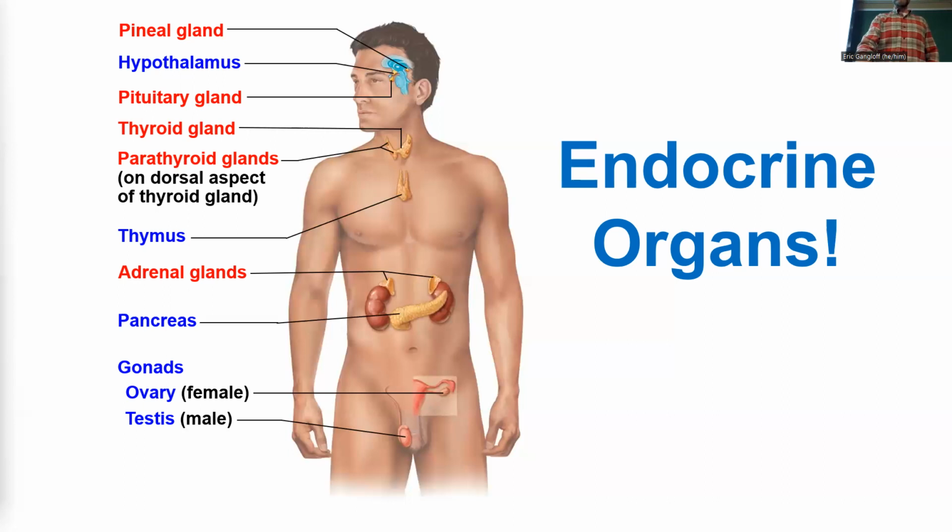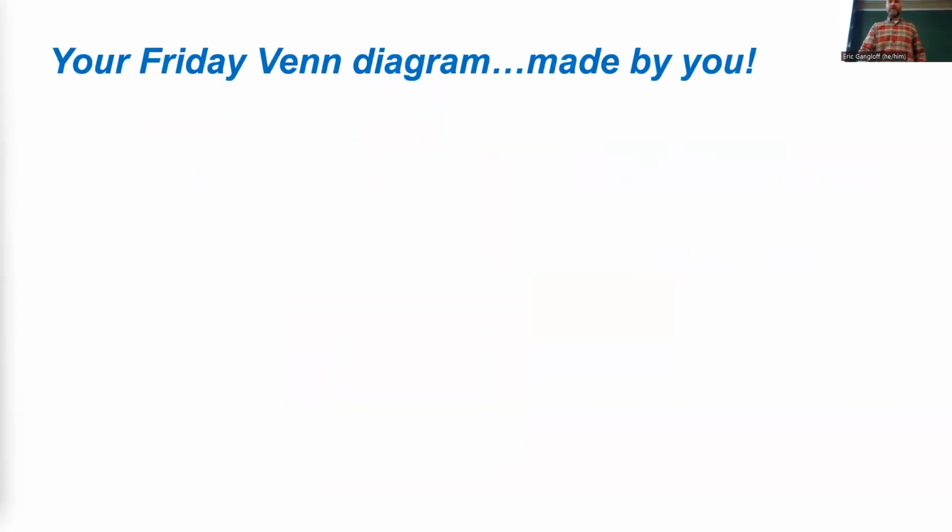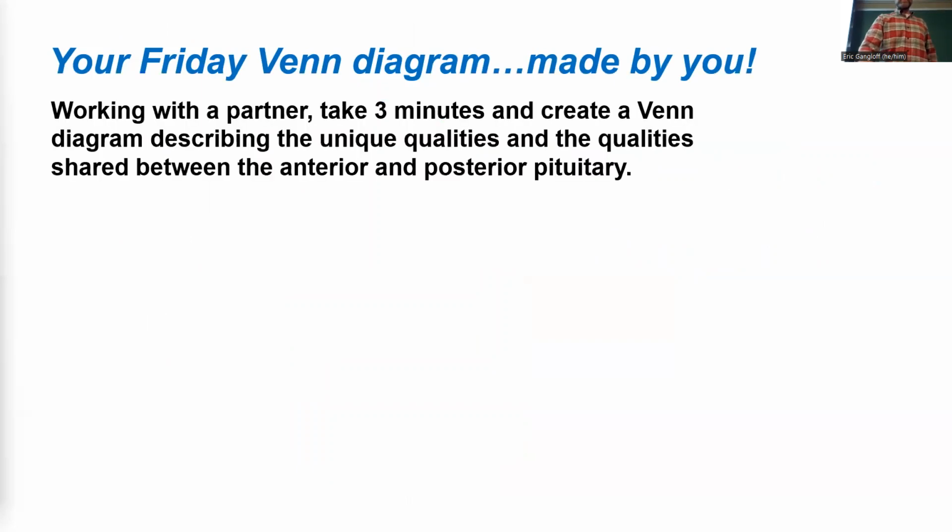So to get us started, thinking about the pituitary gland explicitly, I want you to work with a partner or in groups of 3 and take 3 minutes to create a Venn diagram describing the unique qualities and the qualities shared between the anterior and posterior pituitary.